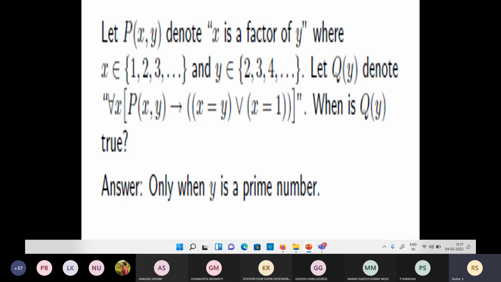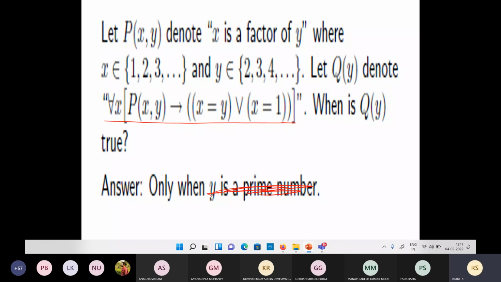So when is Q of y true? Don't see the answer and say directly; justify.